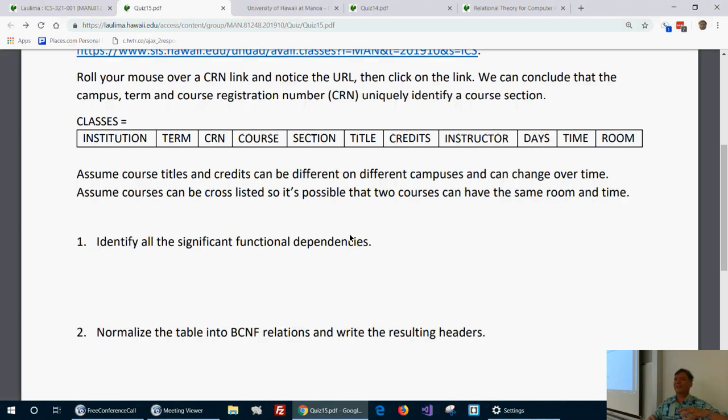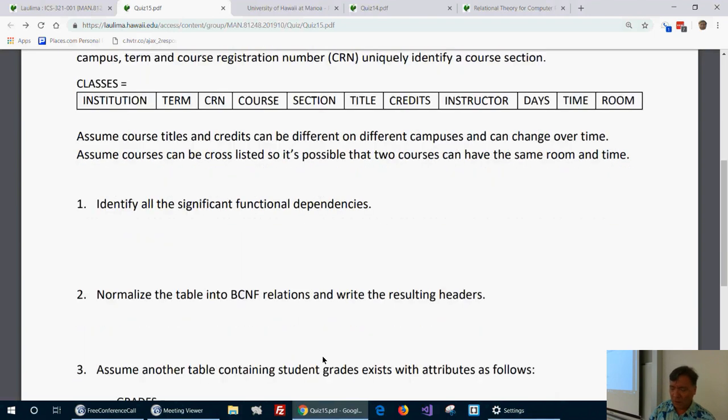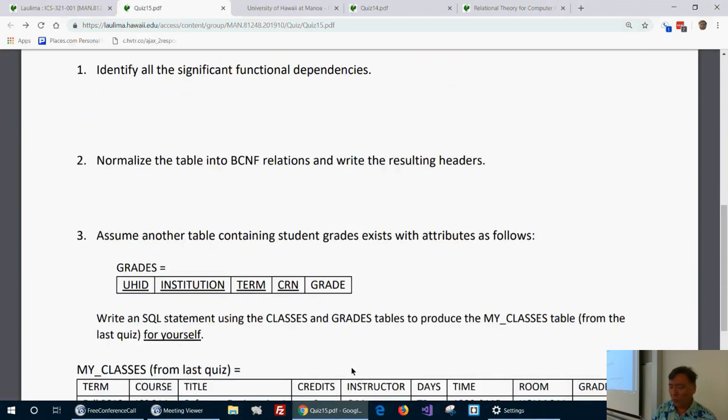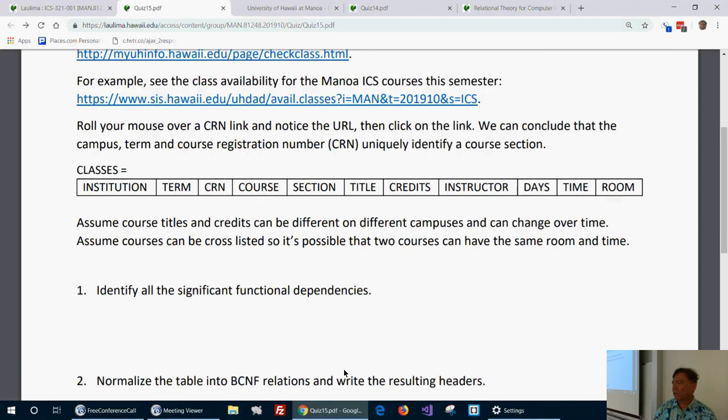And then the next line is SNO determines SName and status. And then the next one is SNO determines SName. See, so it's like all the possibilities. You, of course, don't have to do that. Just the main ones, which lead you to what the BCNF form is.